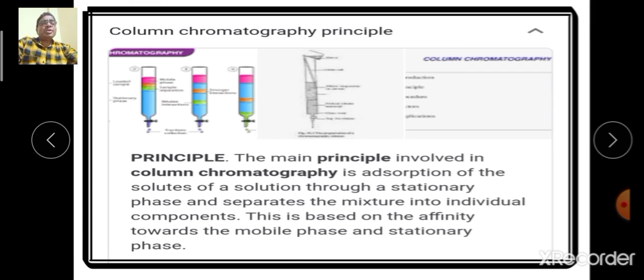The main principle involved in this method is adsorption of the solutes of a solution onto a stationary phase, separating the mixture into individual components. This is based on the affinity towards the mobile phase and stationary phase. That is, the affinity of the component is important for the separation.